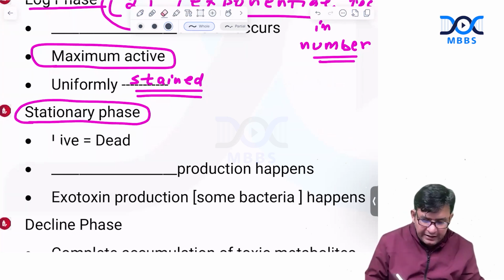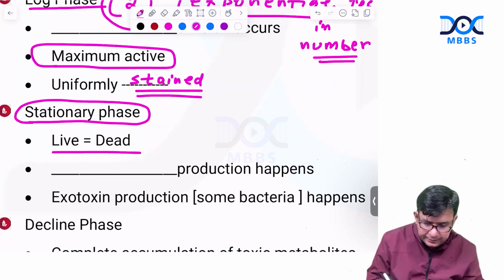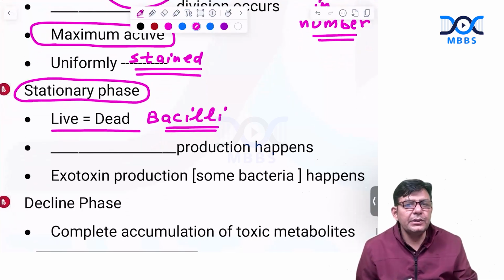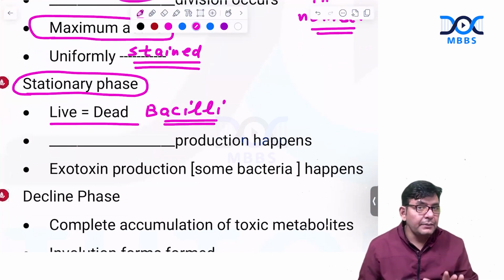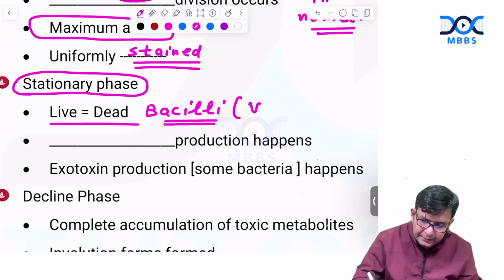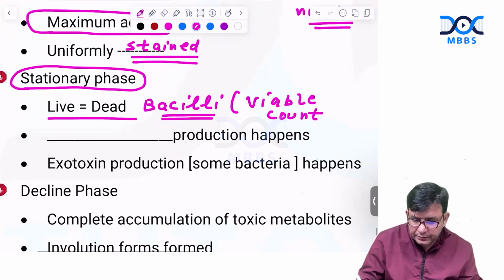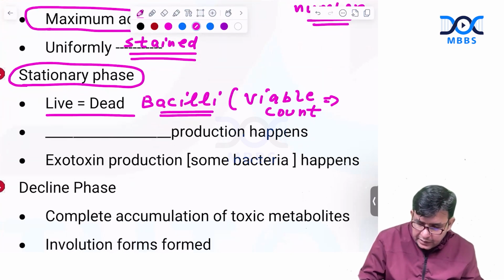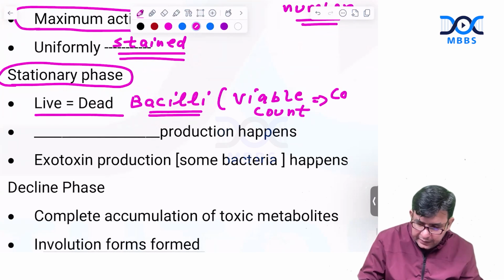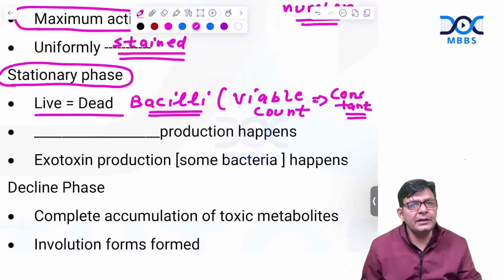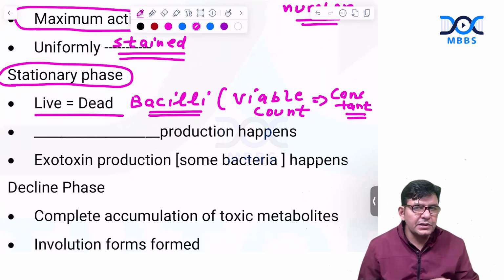Live is equal to dead bacilli, and the viable count means the living ones. The viable count will be constant. It will not be increasing because an equal number of bacteria are dying.